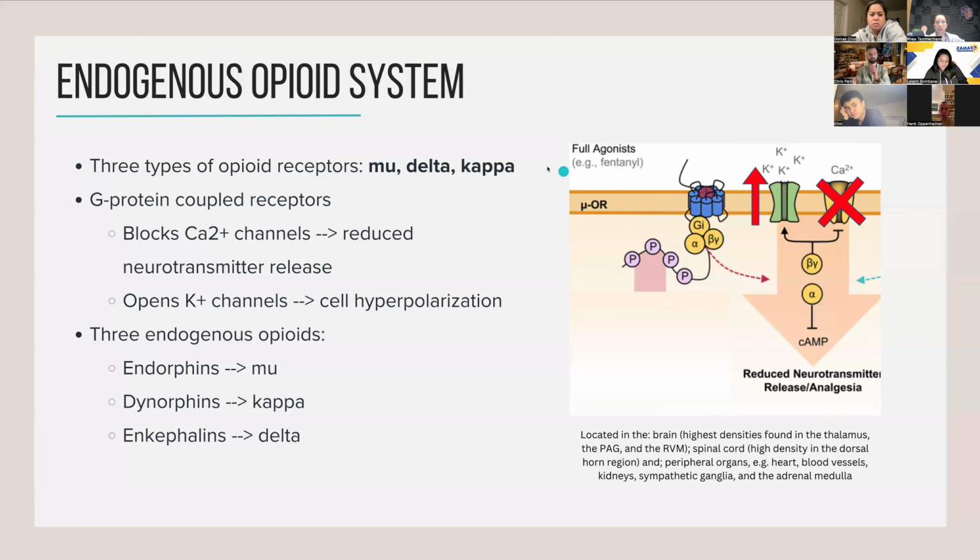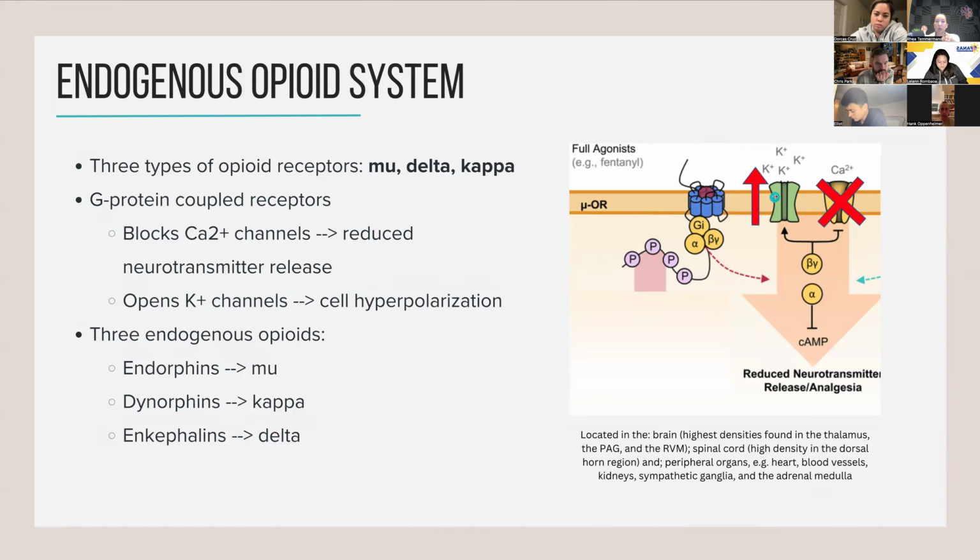These opioid receptors are called mu, delta, or kappa receptors. And what do you know? They are G protein coupled receptors as well. It does one of two things, what endogenous opioids and exogenous opioids, like fentanyl and Dilaudid, do. It is going to block calcium channels, or it's going to open potassium channels.